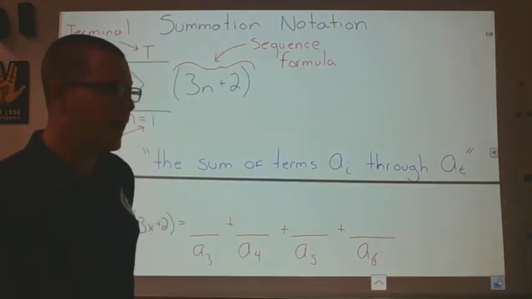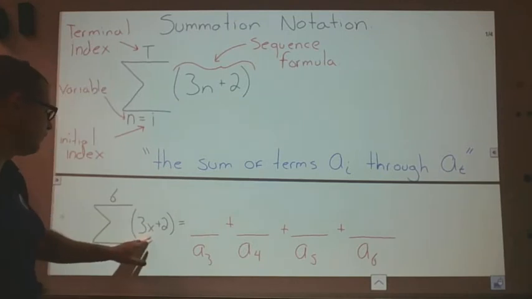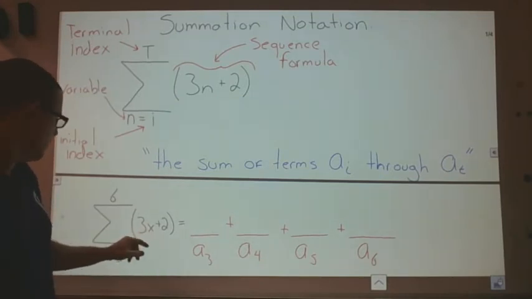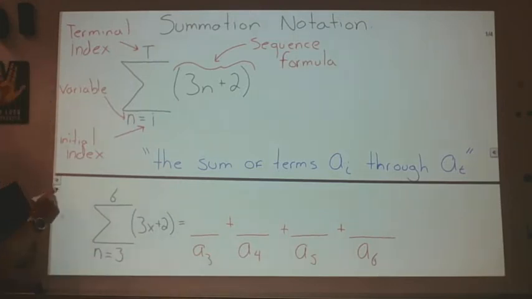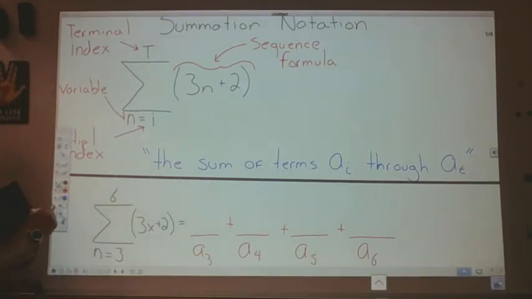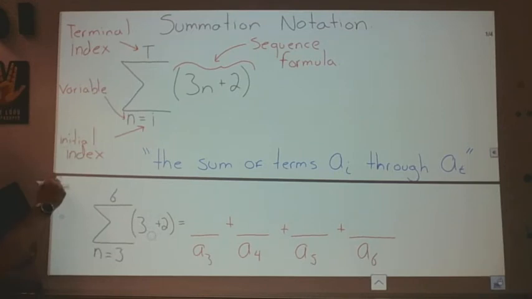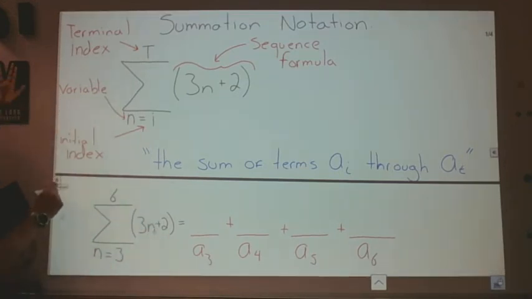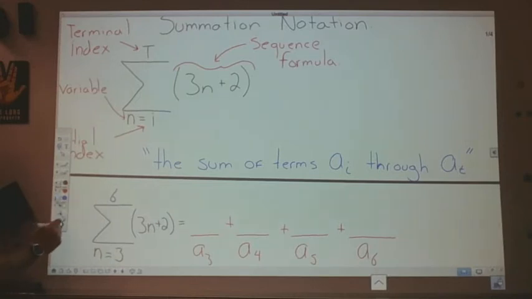I need to find those values, and that's where the sequence formula comes in. I know if I have the explicit formula, all I have to do is plug in the index, and it will tell me the values. That's exactly what I'm going to do.